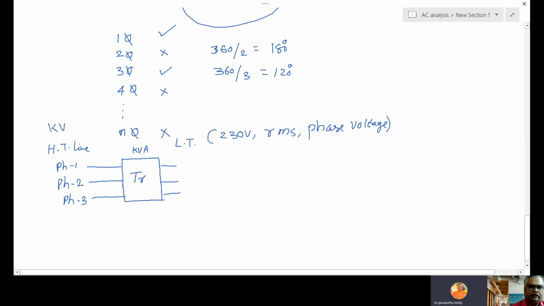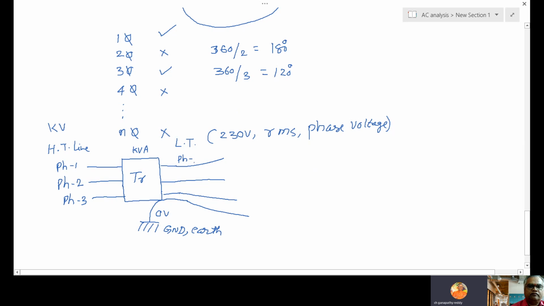So there is one more wire which is physically connected to ground. It is called neutral, earth or ground. What is the voltage here? 0. So this is phase 1, this is phase 2, this is phase 3, this is neutral.